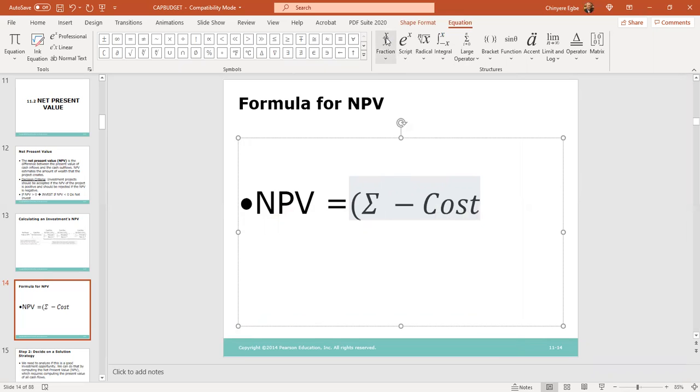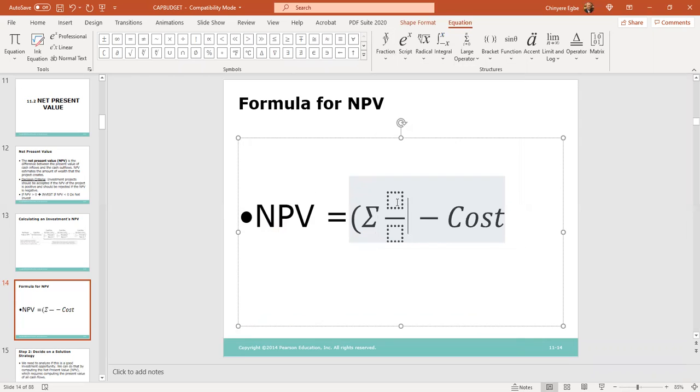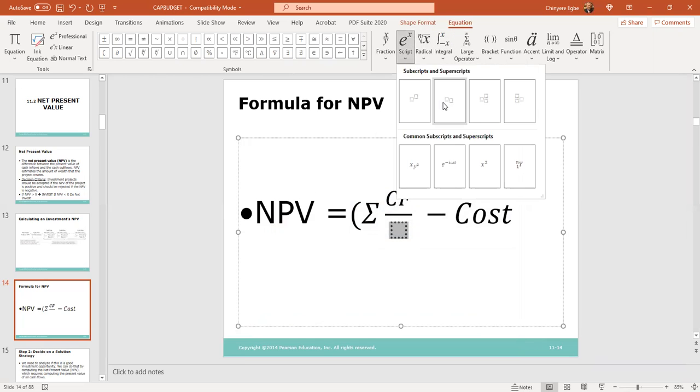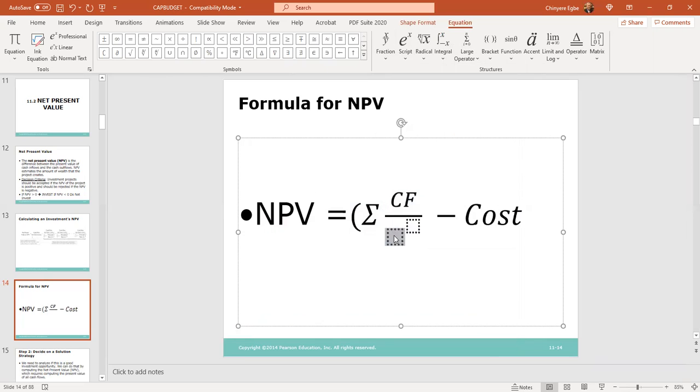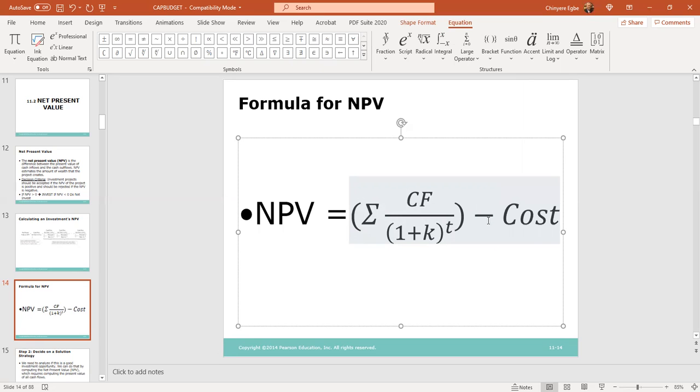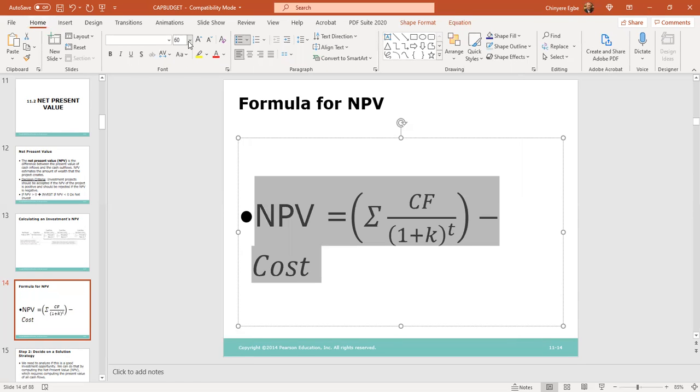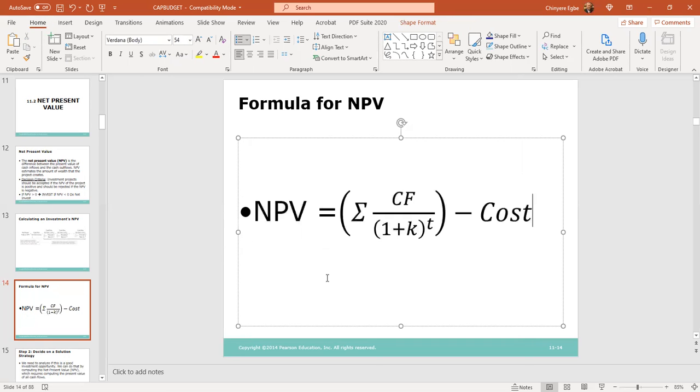Sorry for all the going back and forth. So sum the cash flows discounted over time, subtract the cost.